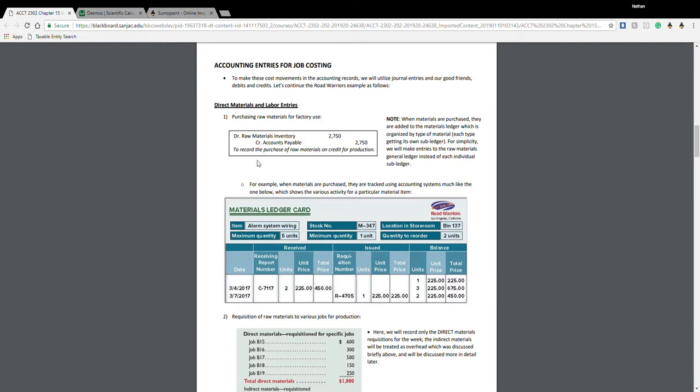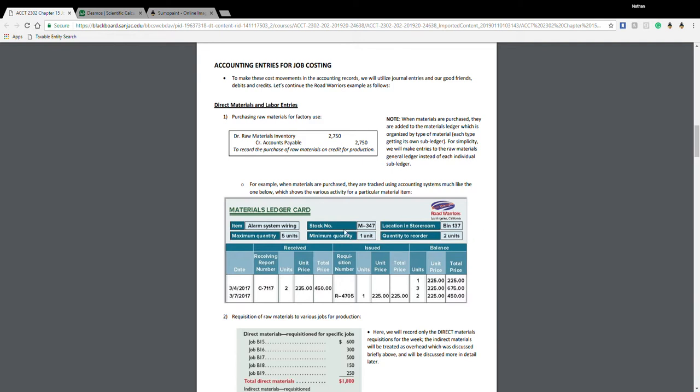So with this, again, they will have an actual document that will come out. And this document is when materials are purchased, we track them in our accounting system until they're actually used for a job. Here we actually see the report. This report came from the warehouse. We received 2 units.